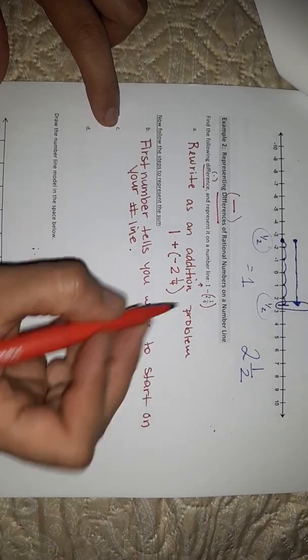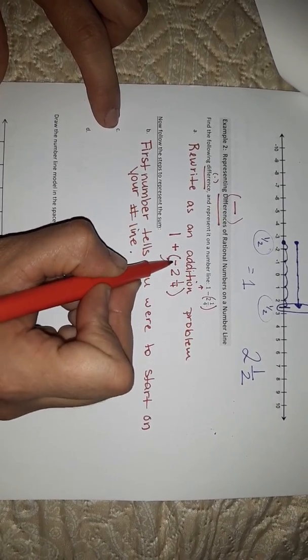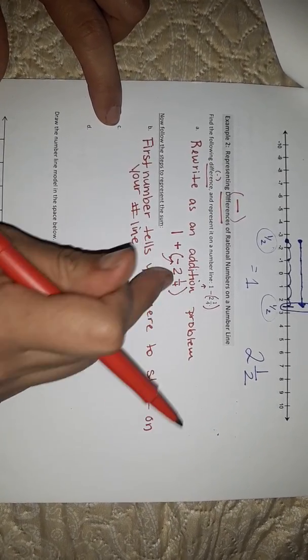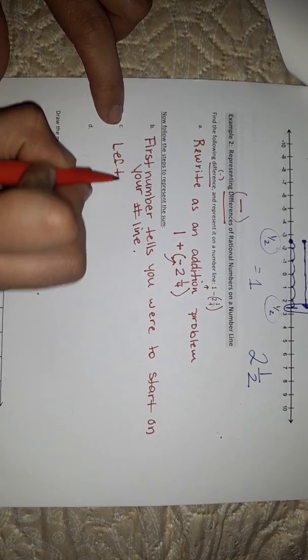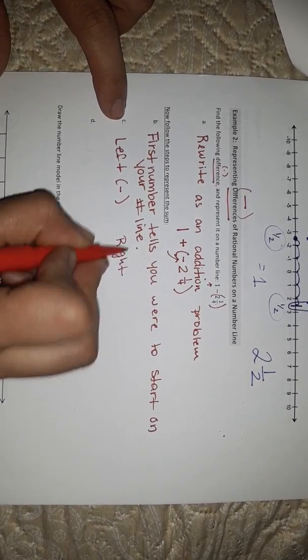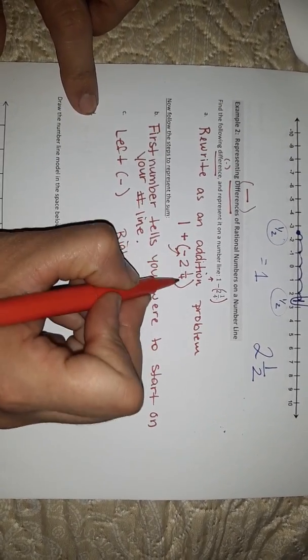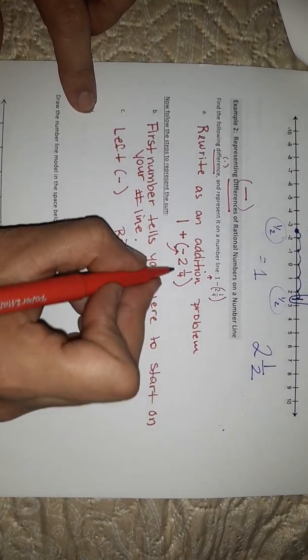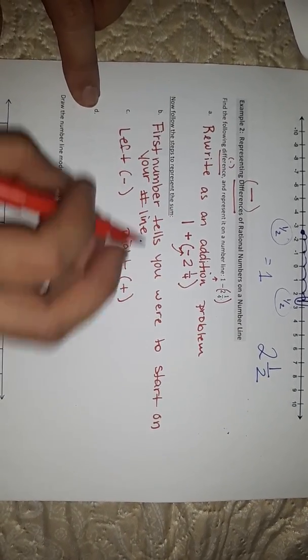Second part. The sign that belongs to the second add-in will tell us left if it's negative, right if it's positive. Okay, and the add-in that we have will tell us how far to move, how many spaces.